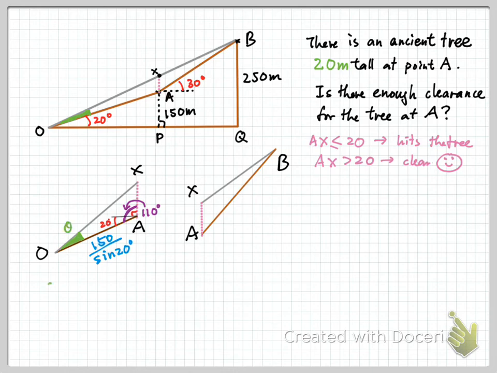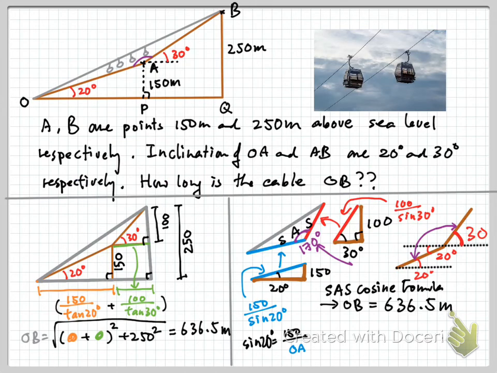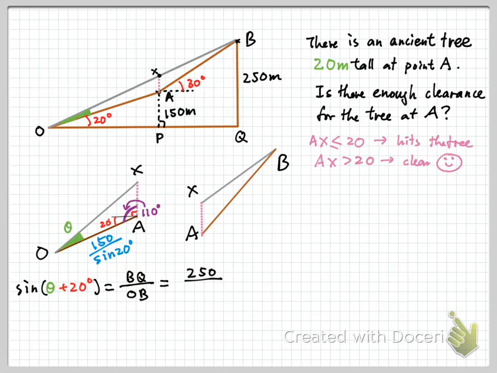We know theta plus 20 degrees, the sine ratio will be BQ, 250, divided by OB. OB is the length of the cable car we just found. 250 divided by what was the length? 636.5. Now I would better keep it in more decimal places because the intermediate result usually takes two more digits in order to get the intermediate result correct.